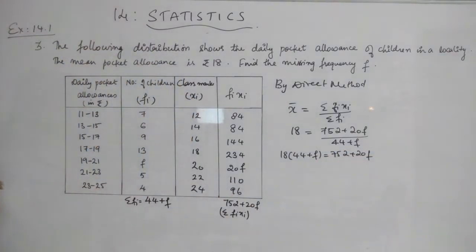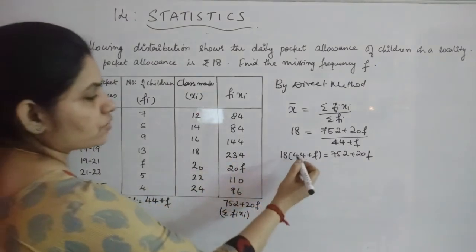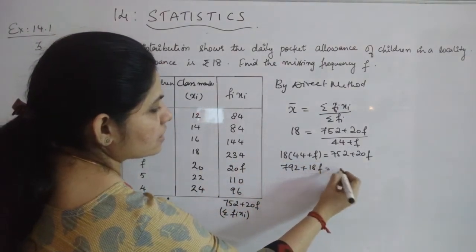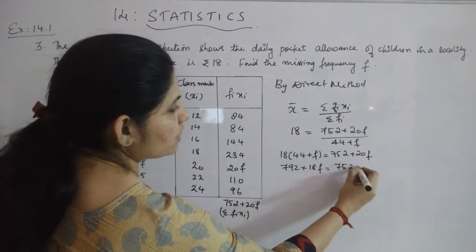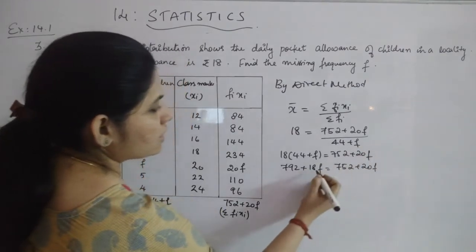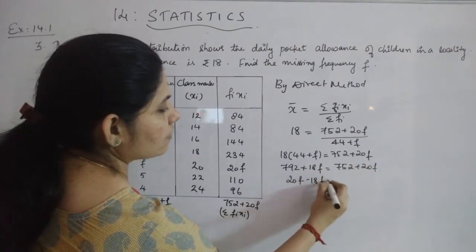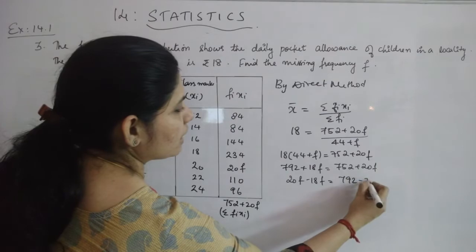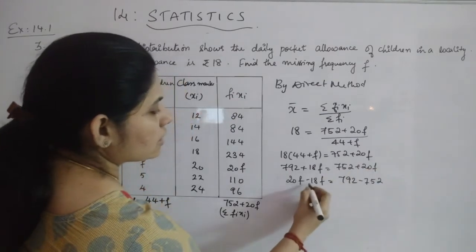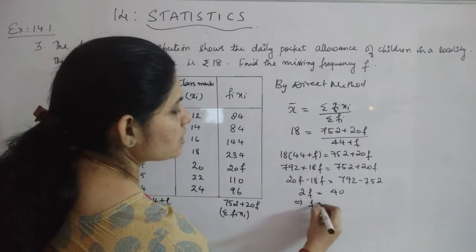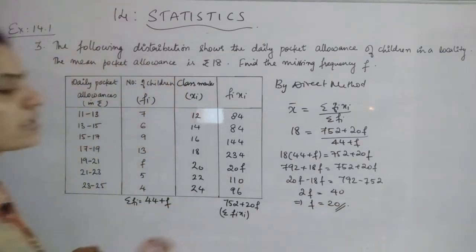So 18 into 44 will give you 792 plus 18f is equal to 752 plus 20f. So it will become 20f minus 18f is equal to 792 minus 752. This will give you 2f is equal to 40, or f is equal to 20. So the missing frequency is 20.